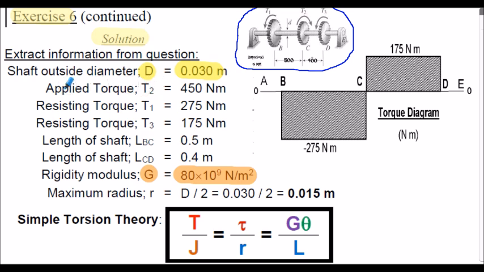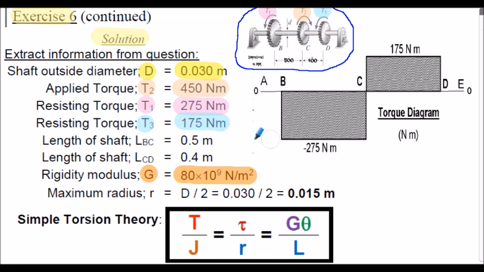The applied torque given in the question, T2, here was 450 Newton meters. And then the resisting torque, T1, shown here, was 275 Newton meters, in the opposite sense to T2. And resisting torque, T3, shown here, was 175 Newton meters.